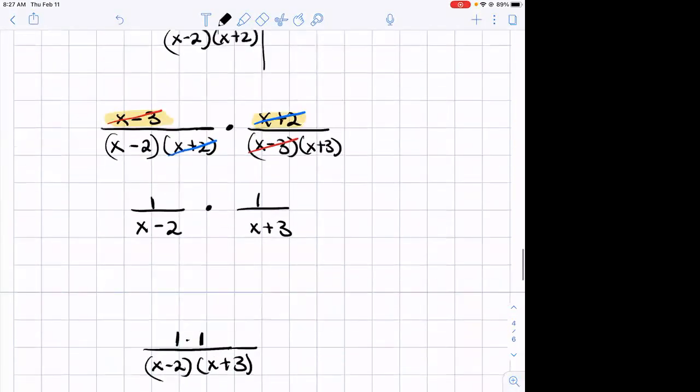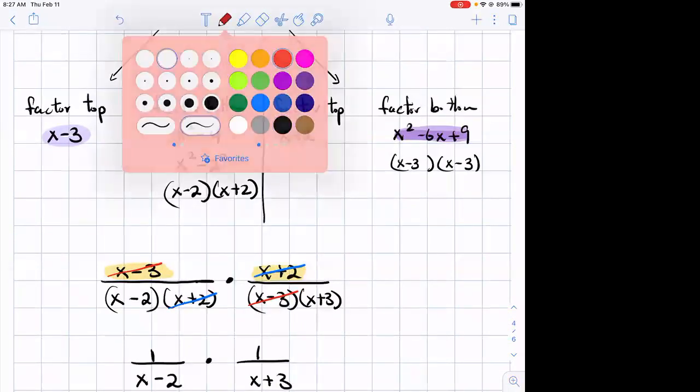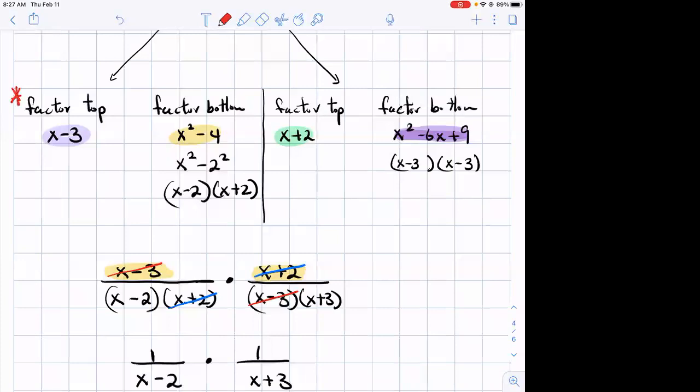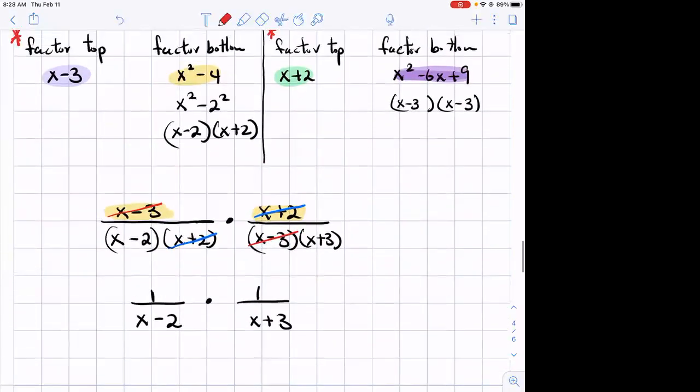As you see here, the factoring is the whole idea. This step was just a scrap work step to show you what I'm doing, but you can also do this in your work so you see what you're doing. Once you master this, you'll probably be able to do the factoring in your head. But if this is new to you, I would suggest that you write each part out individually.